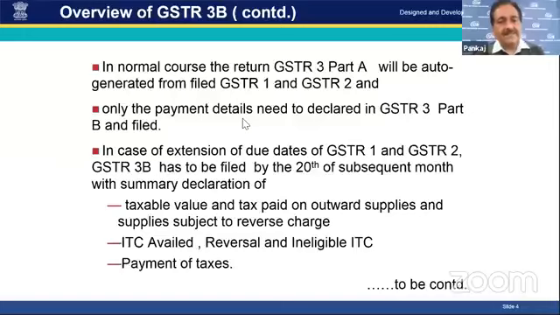And after that, the taxpayer can discharge its liability, taking into account the eligible amount of input tax credit available to it, and by paying in cash the balance amount, if we choose so.